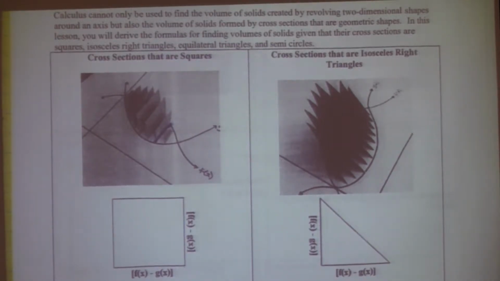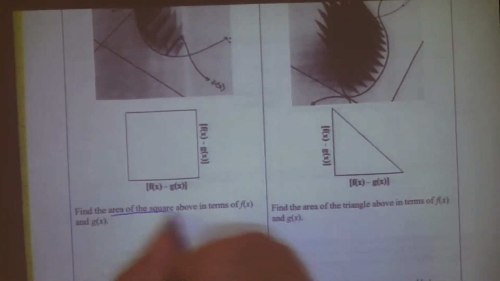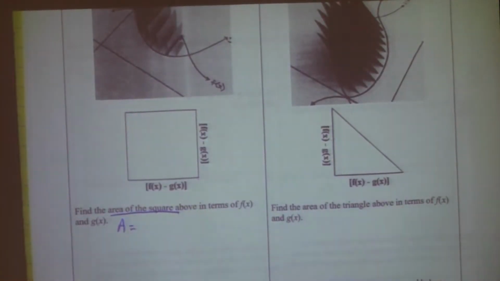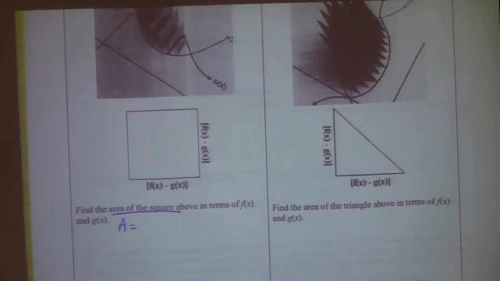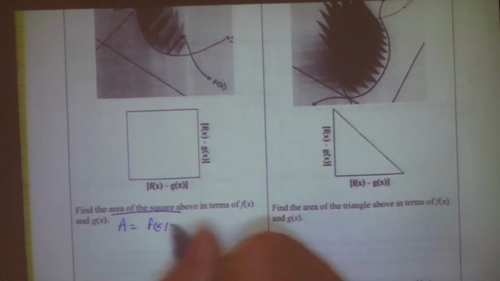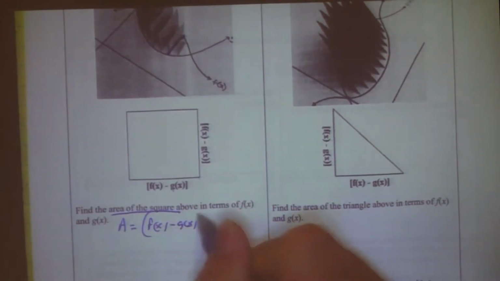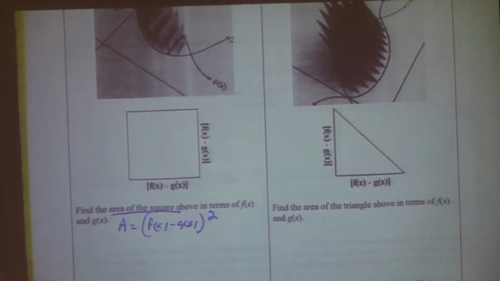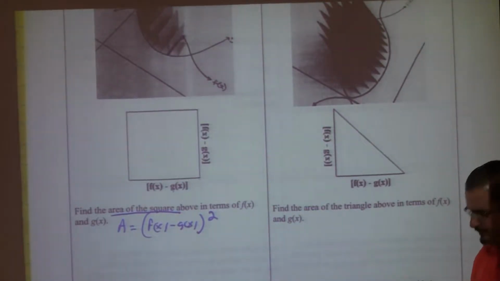So what we need is to figure out the area of that square. How do I get the area of a square? Length times width, so in this case they're both f of x minus g of x, so it's just that squared. Now that's just the area of one of them.